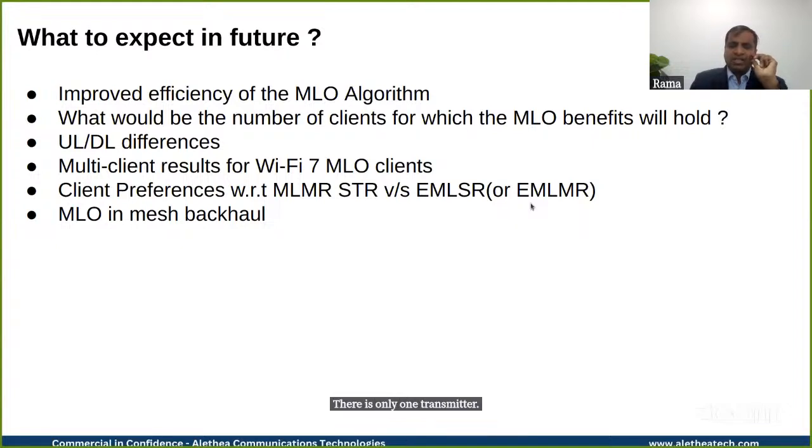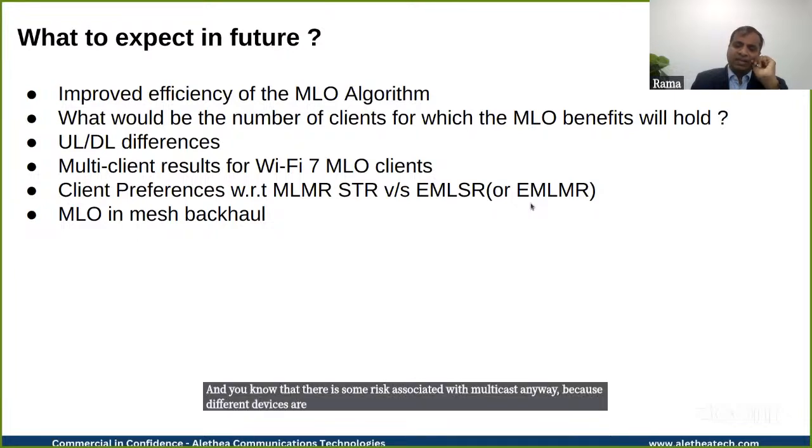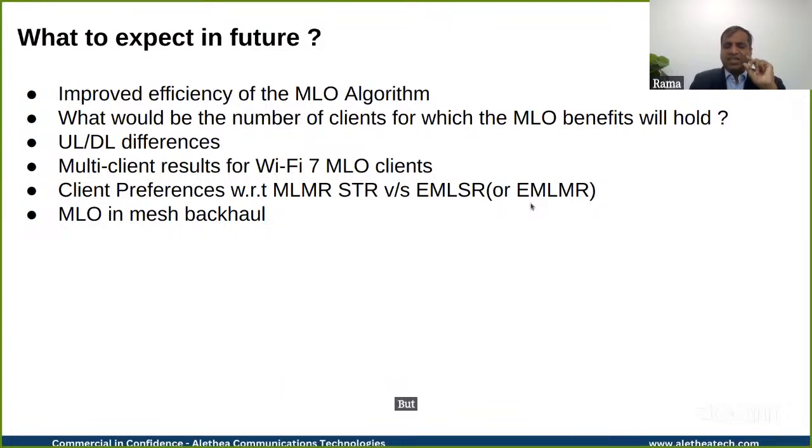So the transmitter decides based on the channel assessment at the transmitter and transmits. There is some risk associated with multicast anyway, because different devices are at different places and they may have different error rates and so on. But MLO itself does not change anything with respect to multicast.